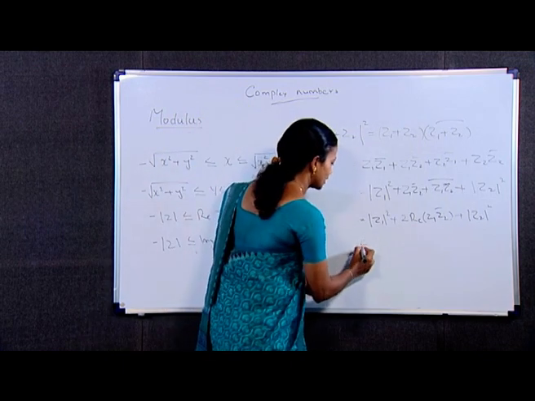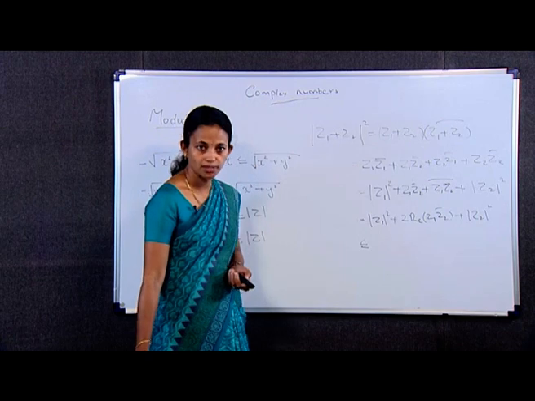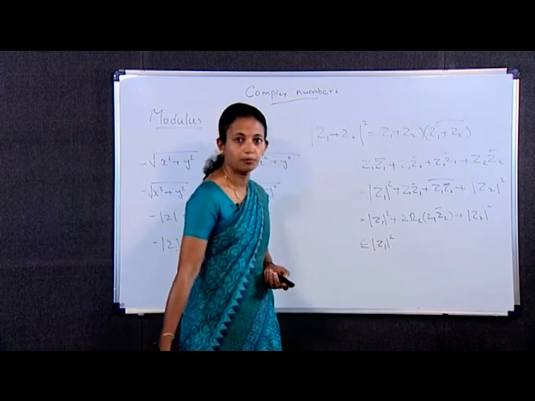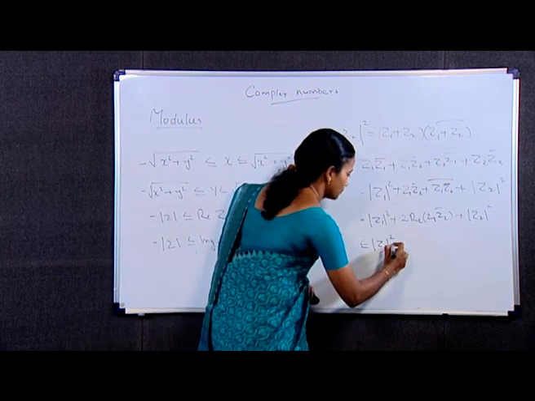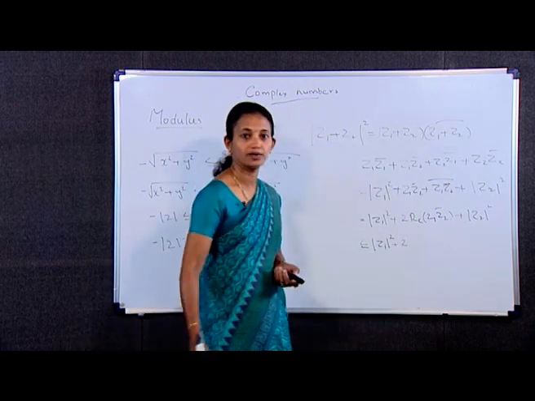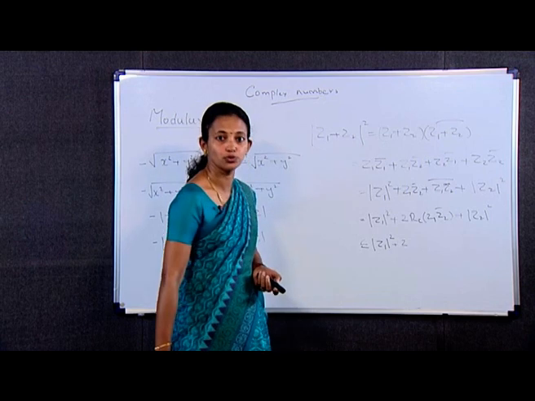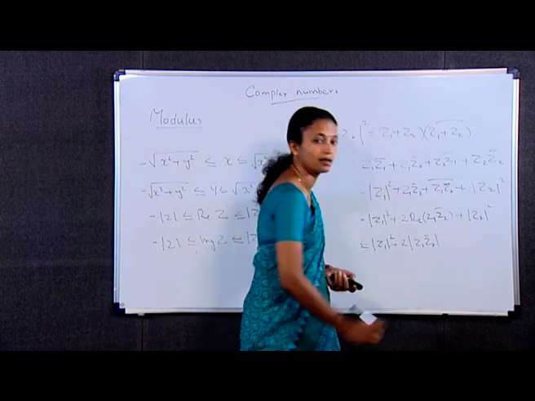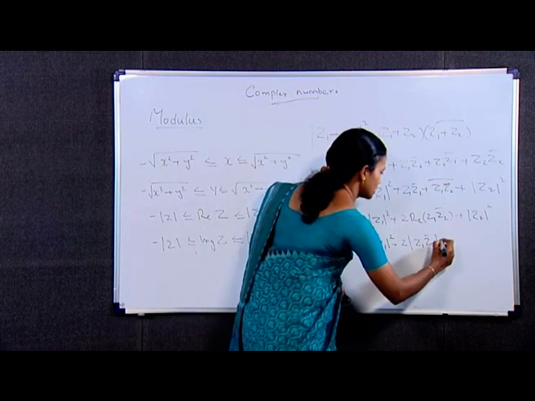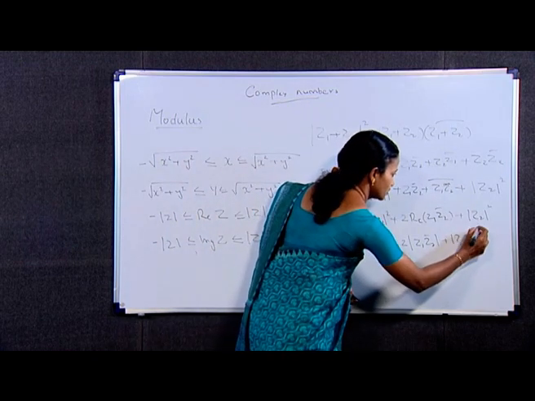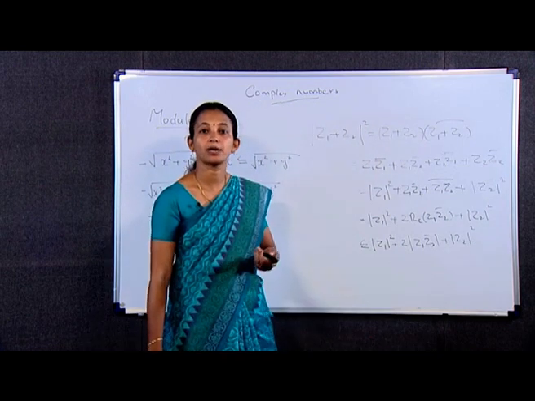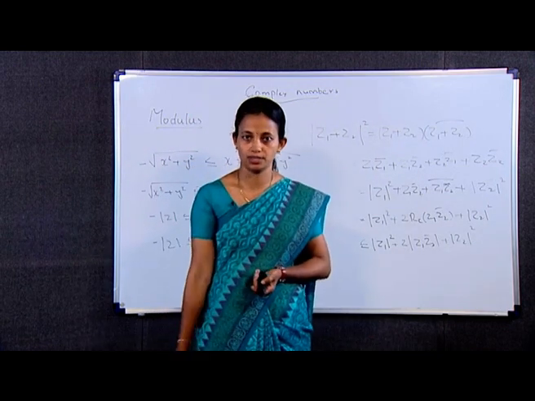Now this is less than or equal to mod z1 square plus 2 times mod z1 z2 bar plus mod z2 square, that is, using the fact that the real part of z is always less than or equal to mod z.